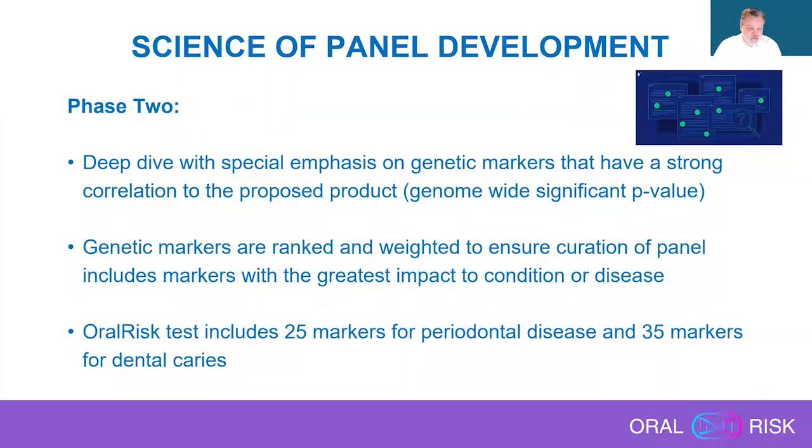We then ranked these markers and looked for them in these genome-wide association studies to see if they're actually being reported compared to the general population. From that, we defined 25 individual markers for periodontal disease and 35 markers for dental caries. These are well-defined, researched markers that have known associations with these 2 conditions. So it's the most inclusive test on the market.